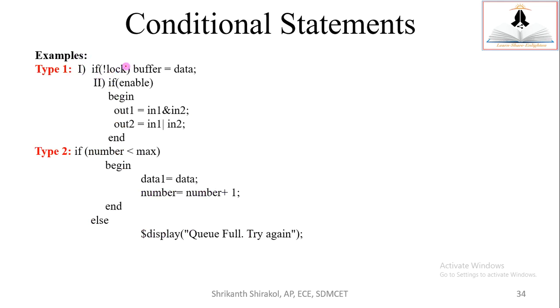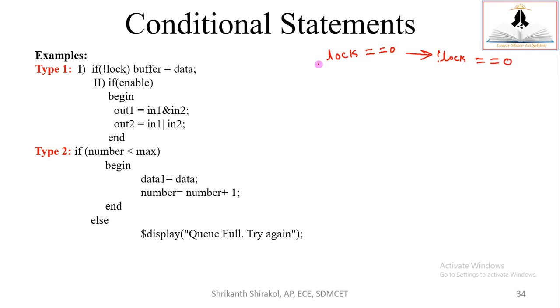In type 1, there is a condition check: not of lock. Lock has a lot of difference. You see, lock equal to 0 implies not of lock equal to 0.